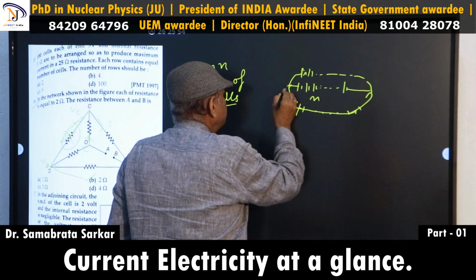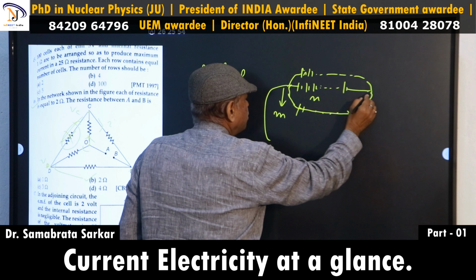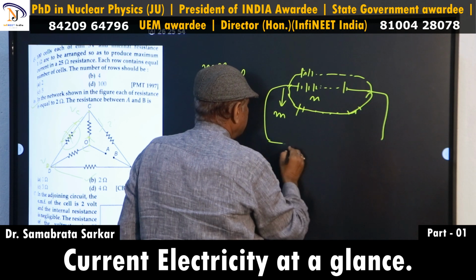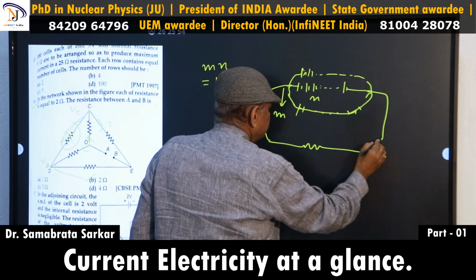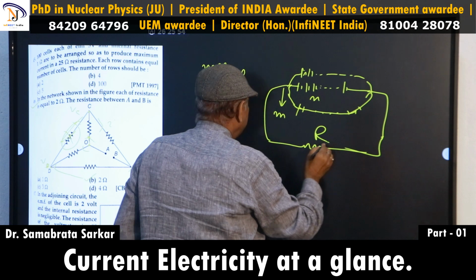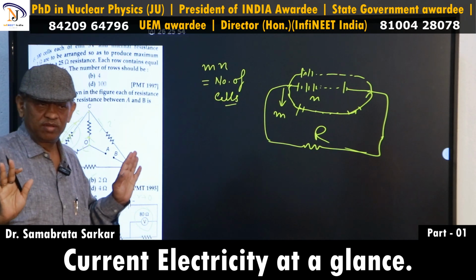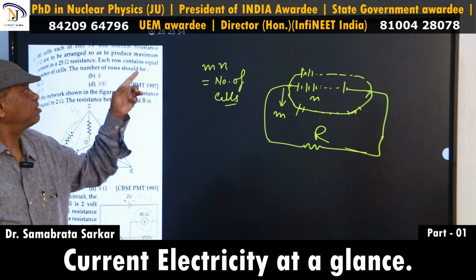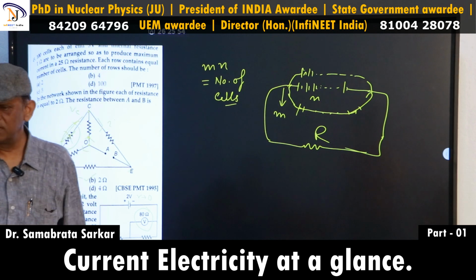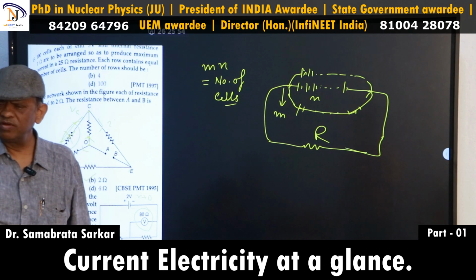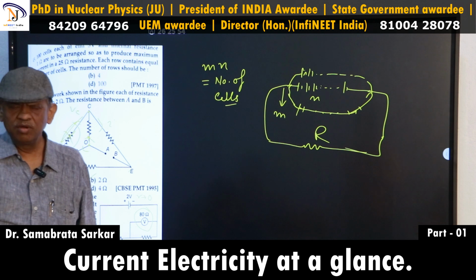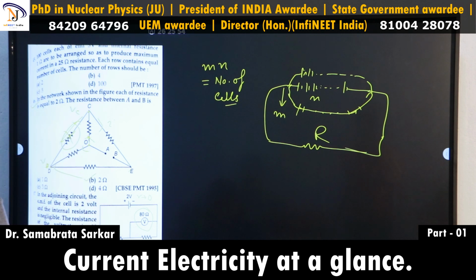Then this is the output of this, and this is the external resistance, like 25. I'm not going to solve the problem because this value is not clear. You can later put in the value and get the result. I will tell you the problem from the book and then we solve it.